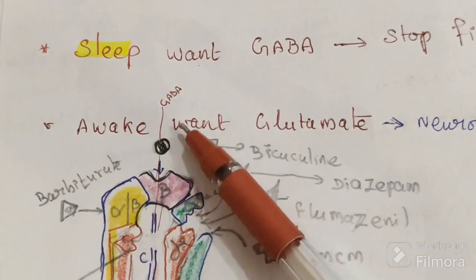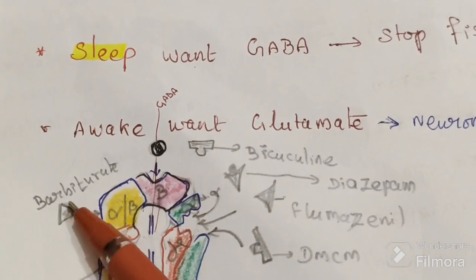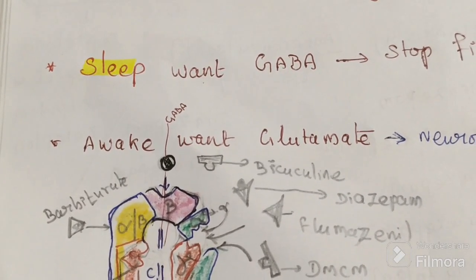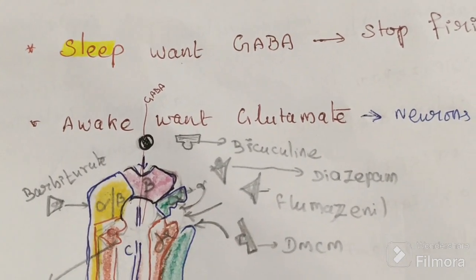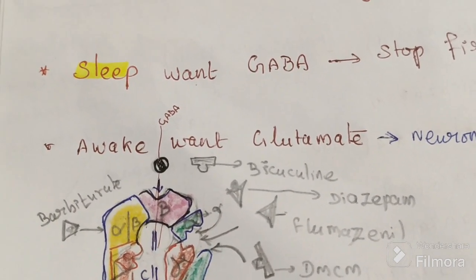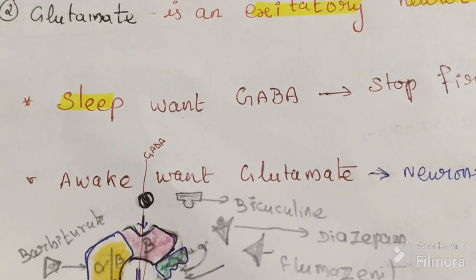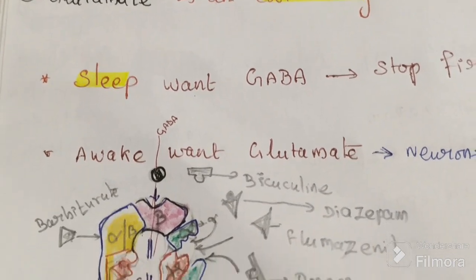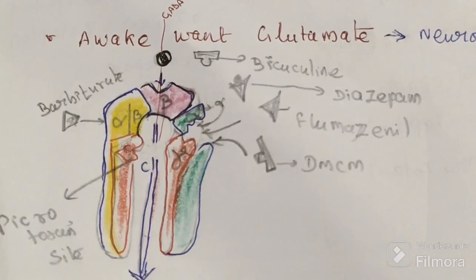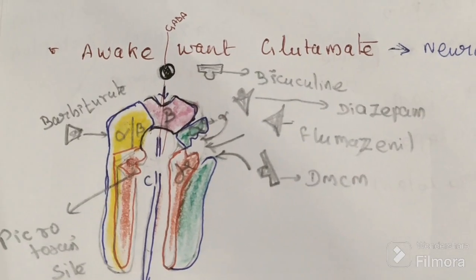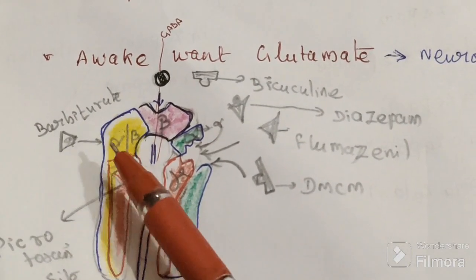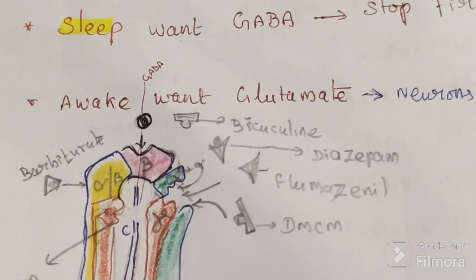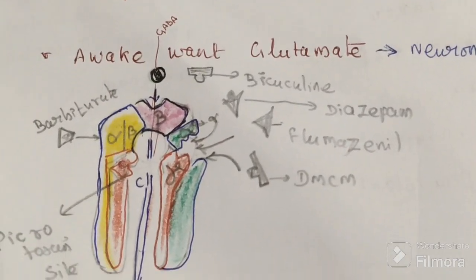At the same place where GABA binds, the barbiturate will bind. After binding, it will increase the affinity of the channel for GABA. Initially the GABA binds, so the chloride channel opens. Normally it opens for 1 millisecond, but because of the barbiturate, the same chloride channel will open for 10 millisecond.